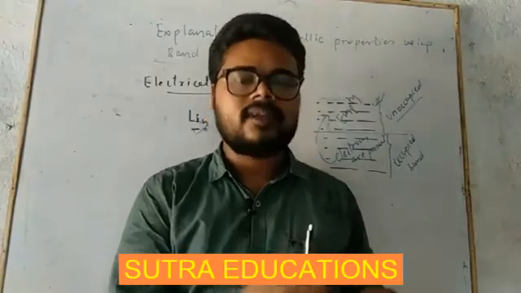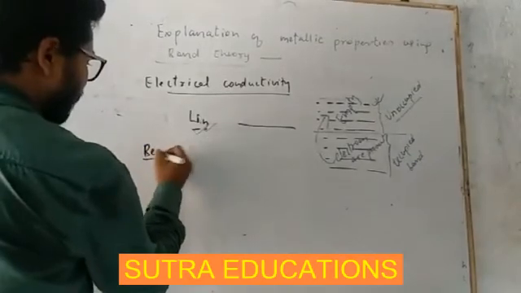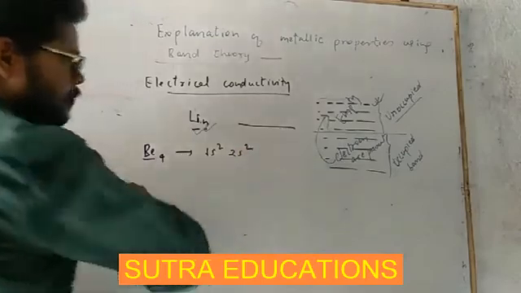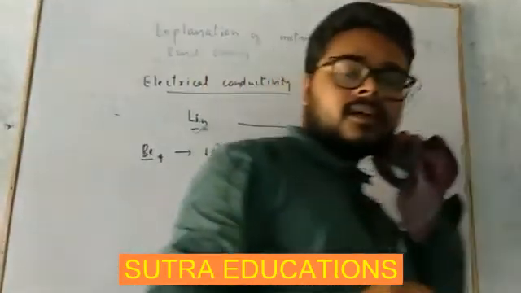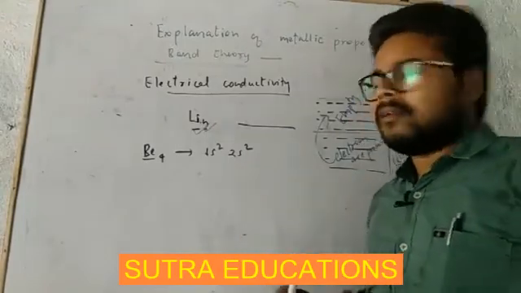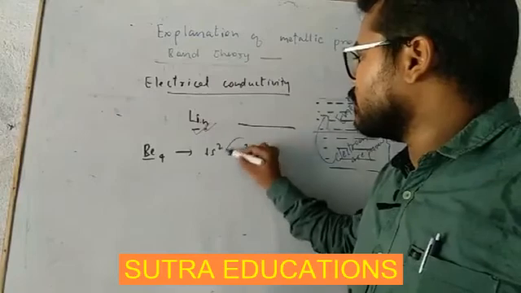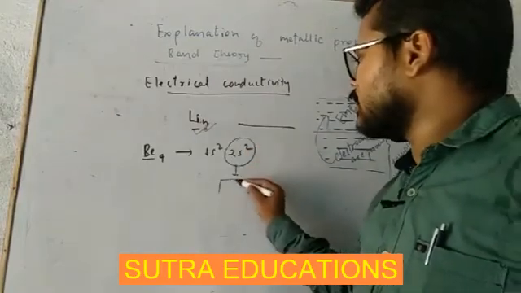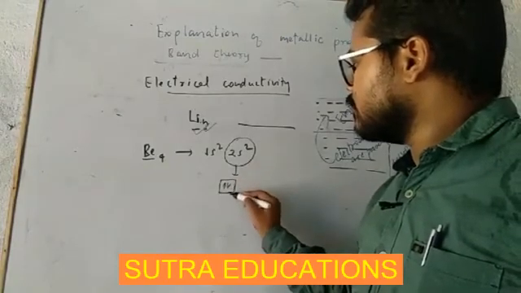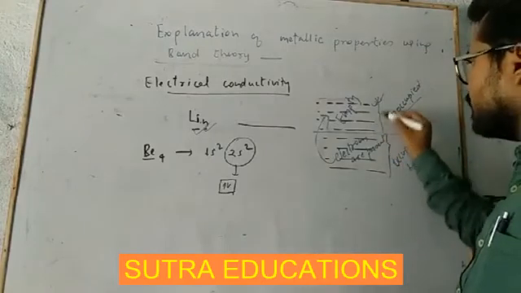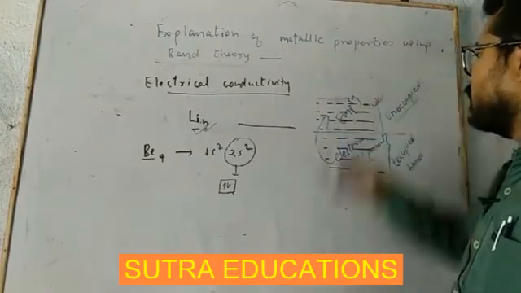Take one more example, beryllium. Beryllium has atomic number 4, so it is 1s2, 2s2. Now we start confusing: beryllium has 2 electrons in the 2s orbital, so all of the band will be occupied.